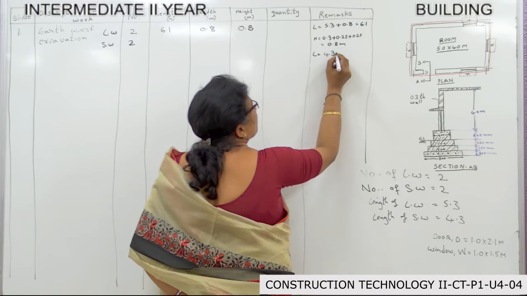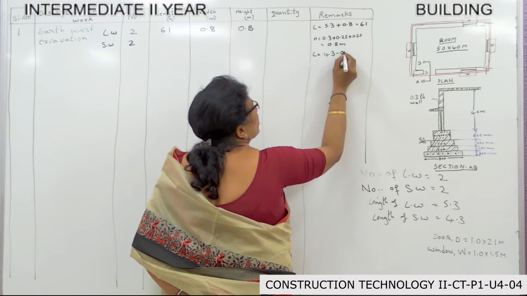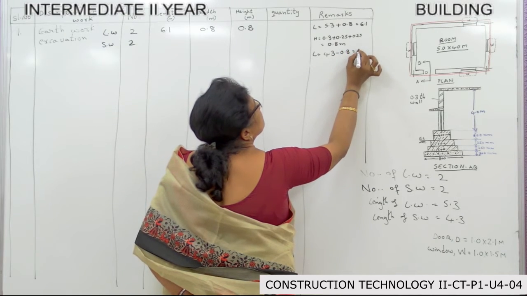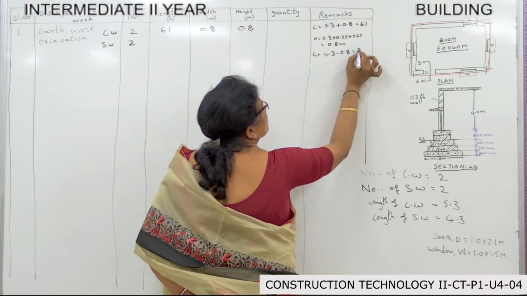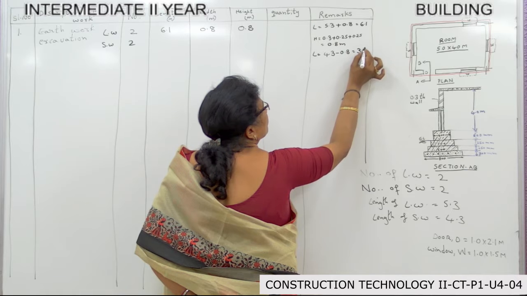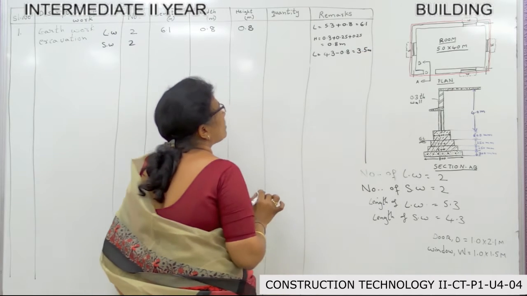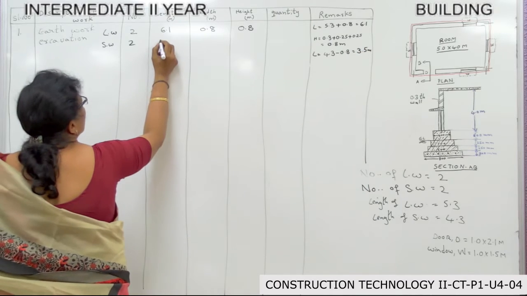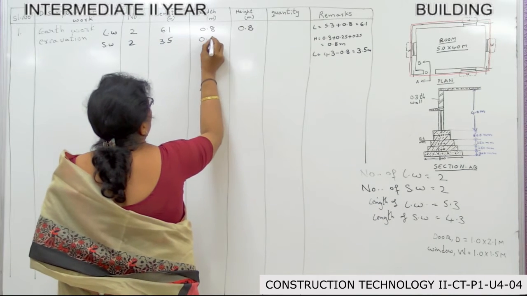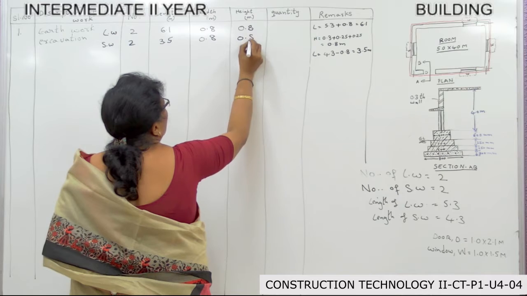So for the length of the short wall, 4.3 minus 0.8, that is 3.5 meter. So the length here is 3.5.